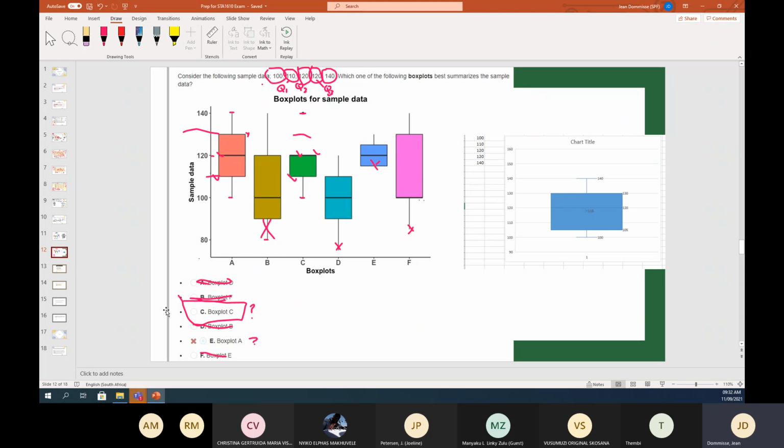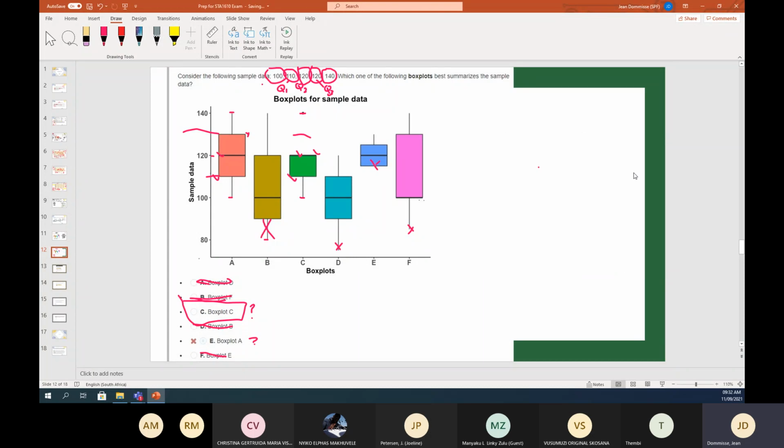That's a big difference between Excel and the study guide as well. So just be wary about that, specifically when your data is a small set of data.